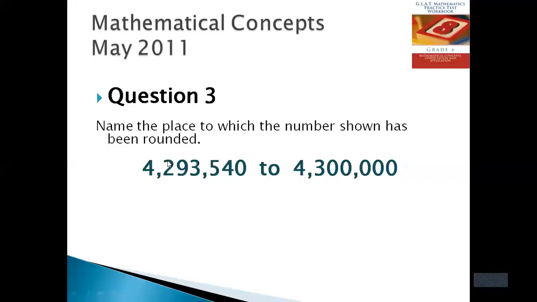Then we go to the next digit, we have a 2. But when we compare it to the second digit in the other number, reading from left to right, that number is a 3. So the change has occurred with our second digit going from left to right.